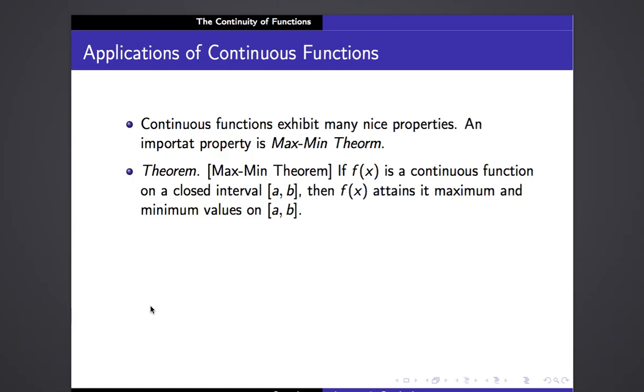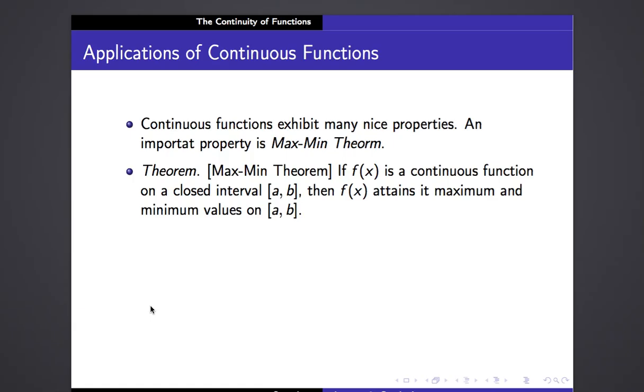If f of x is a continuous function on a closed interval AB, that's important by the way, closed interval AB, that's the domain, then f of x attains its maximum and also its minimum values on the closed interval AB.